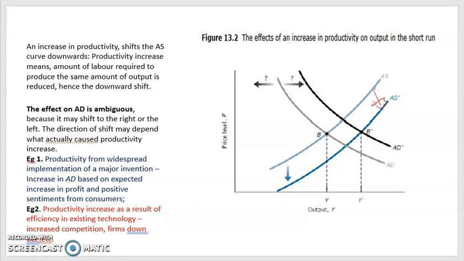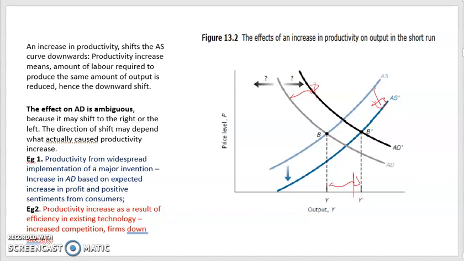So if A increases comes from a widespread implementation of a major invention, the aggregate demand will shift to the right and output will increase, as shown here, will shift rightwards and increase output from here to there. Why is this? This is simply because the prospect of higher growth in the future leads consumers to feel more optimistic about it, so they increase their consumption given their current income.